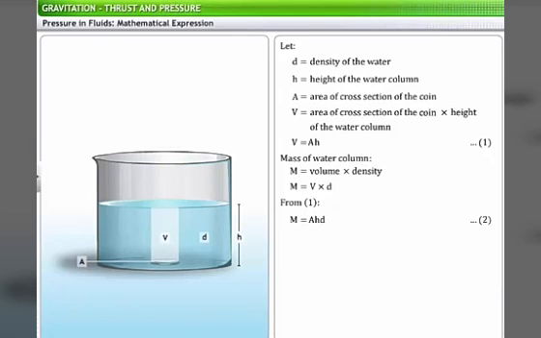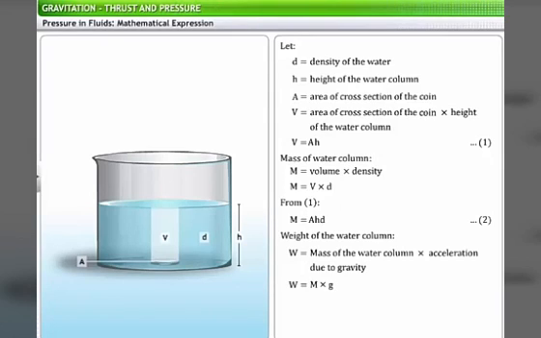As you know, weight of a substance is a product of its mass and the acceleration due to gravity, g. Therefore, weight of the water column, W, is equal to the mass of the water column multiplied by g. Thus, W is equal to M multiplied by g. Substituting equation 2 here, you get equation 3.